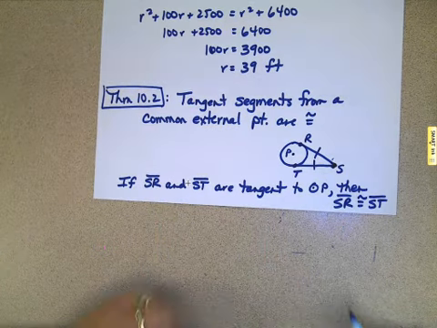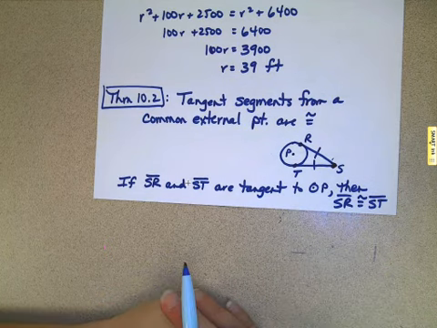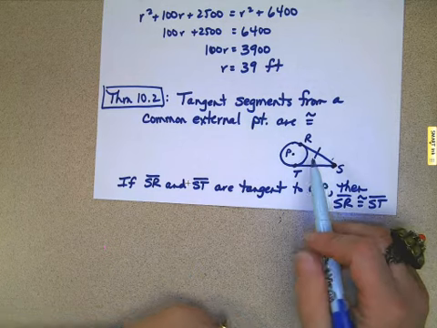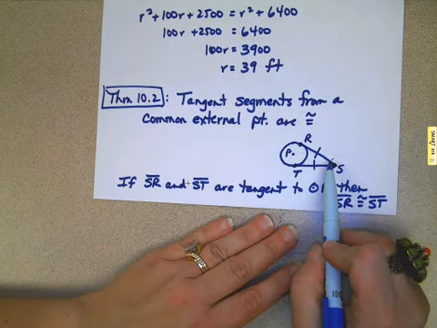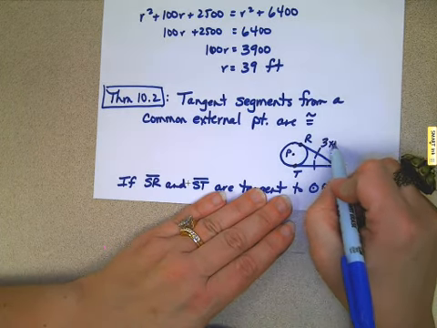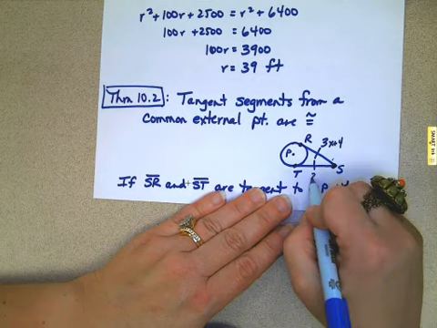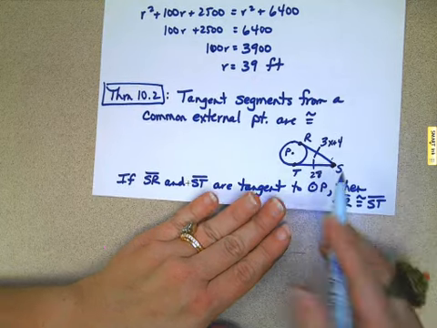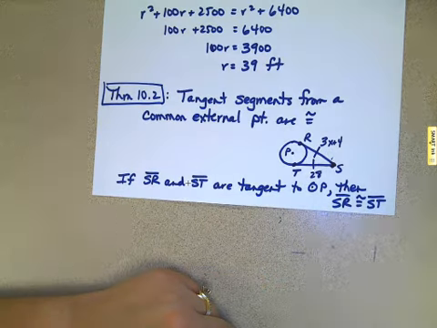The theorems are really powerful. You'll be able to use this a great deal for algebraic problems. So if, let's say, you were given that RS was 3x plus 4 and ST was 28, you could, of course, set those equal to each other and come up with what x is.